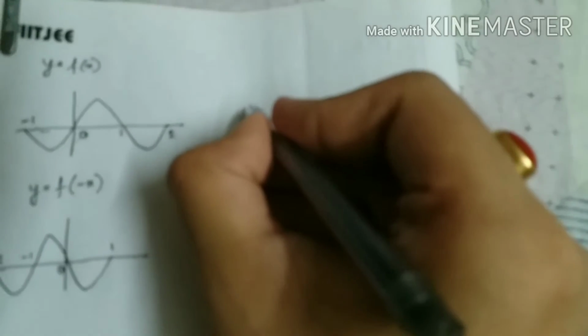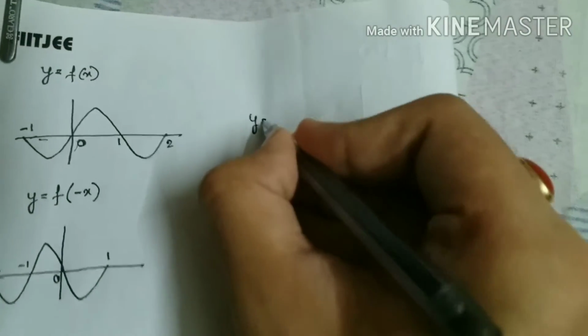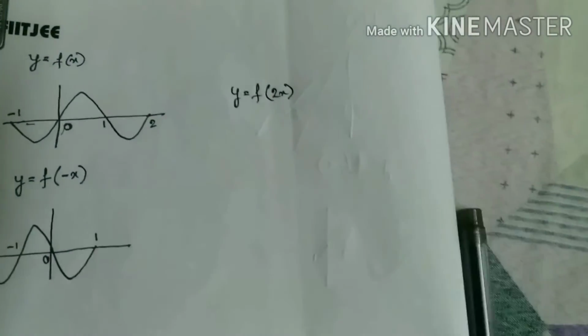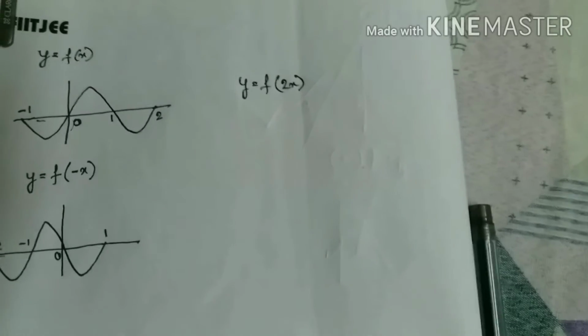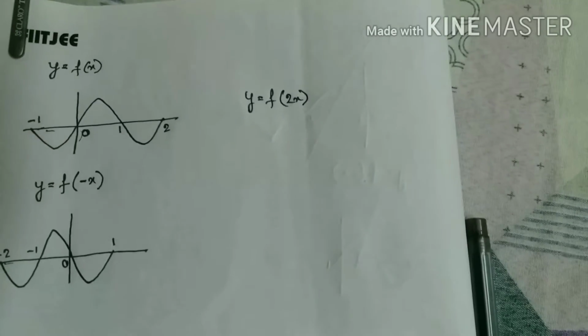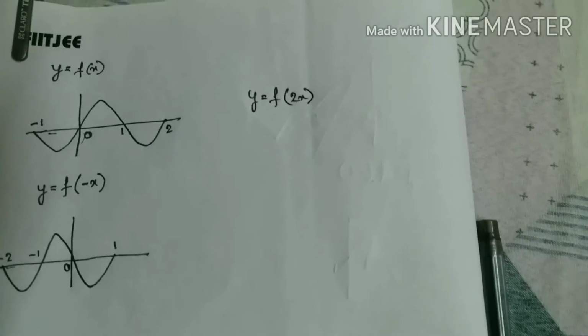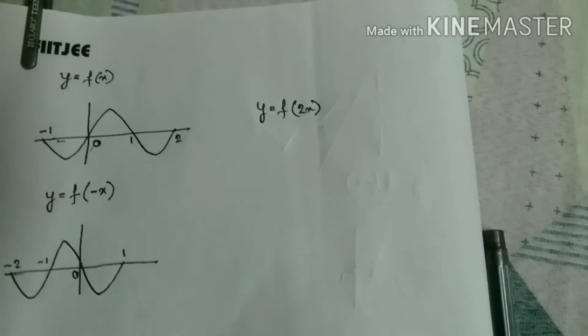Now I ask you the graph of y is equal to f(2x). So mod a is greater than 1. That means it will get compressed. Now how much will it get compressed? What is a? 2. So it will get compressed by a factor of 2.